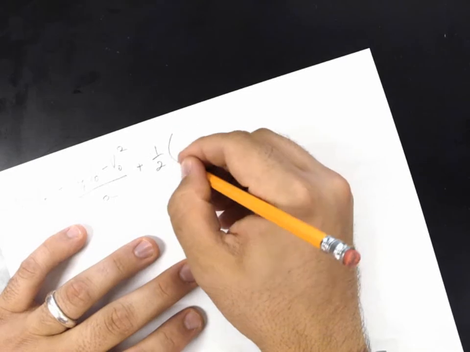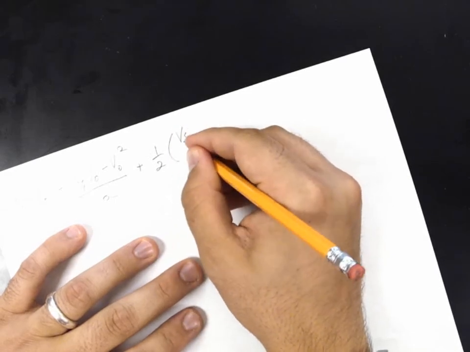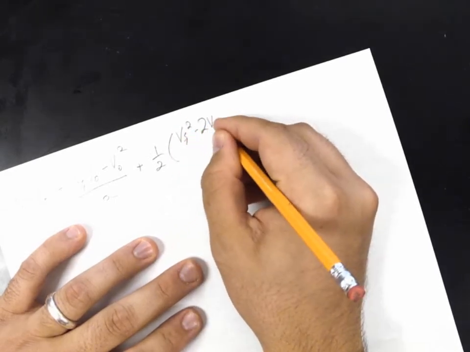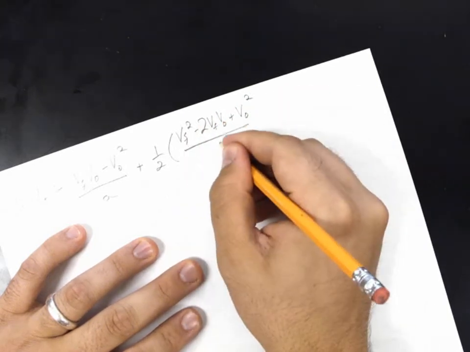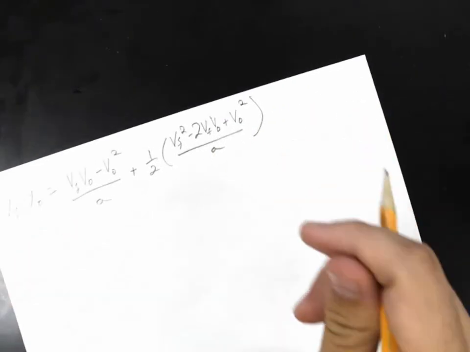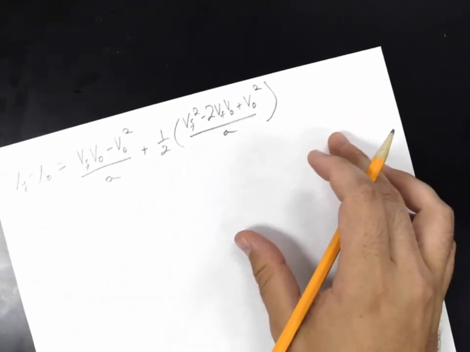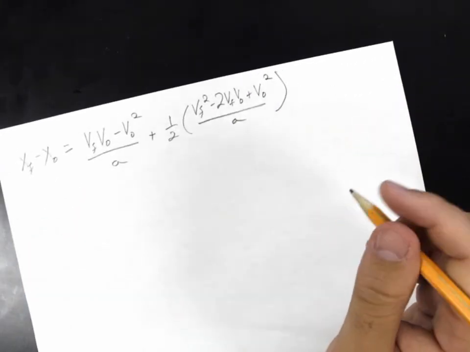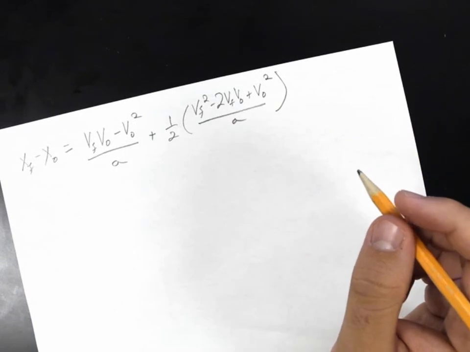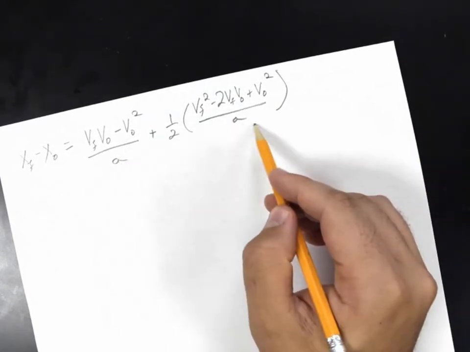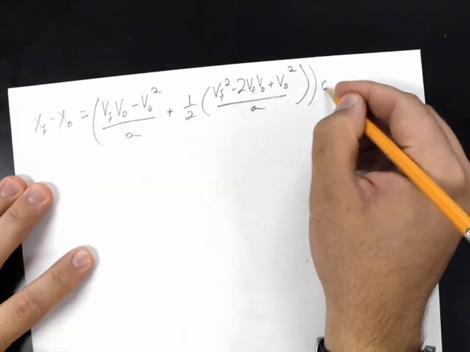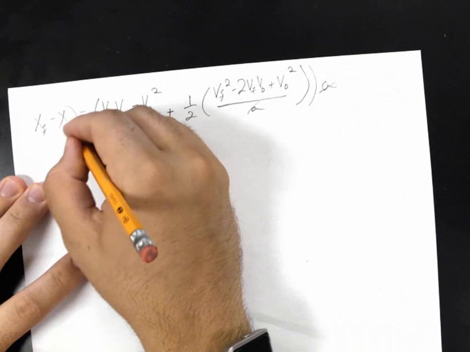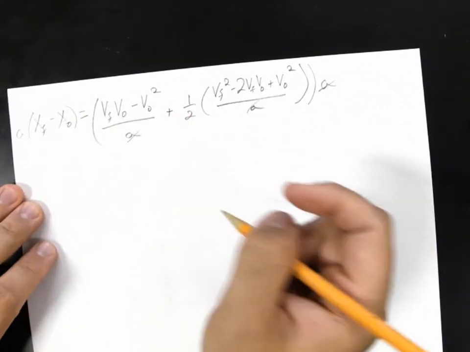We can cancel one of those. 1/2 times vf squared minus 2 vf v naught plus v naught squared over a. There's an a on the bottom of both of these fractions. So what we can do is multiply both sides by a. Cancels that on this side. We find an a on top up here.